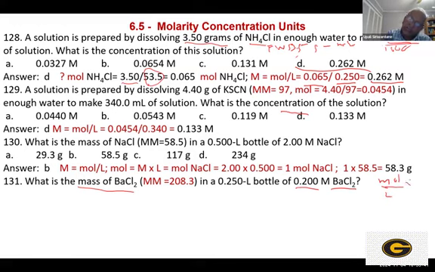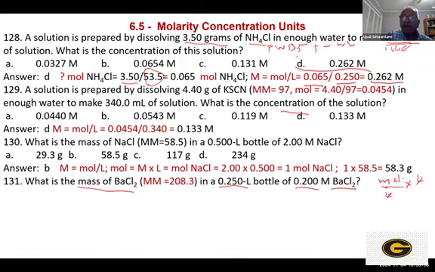If you multiply molarity by the 250 liters, you get the moles.